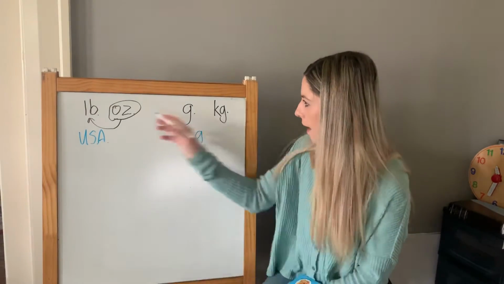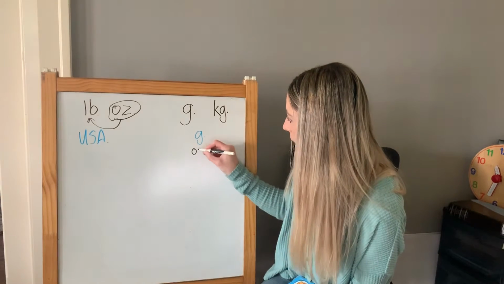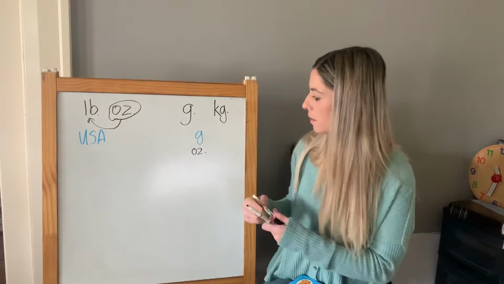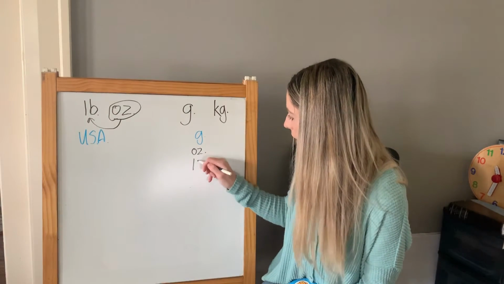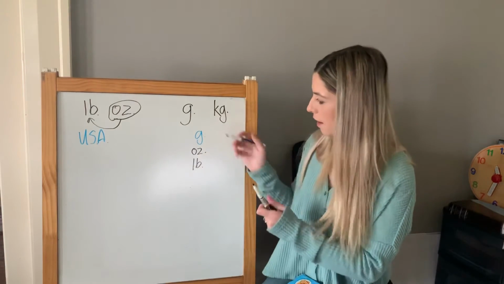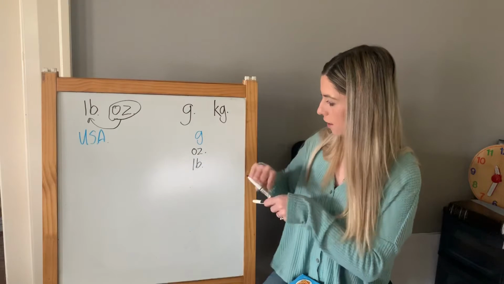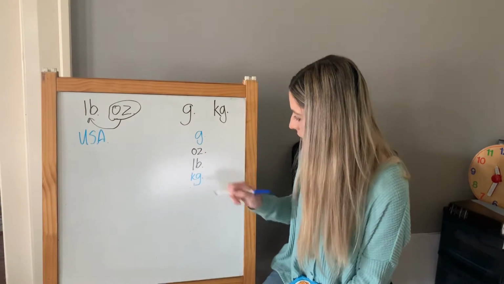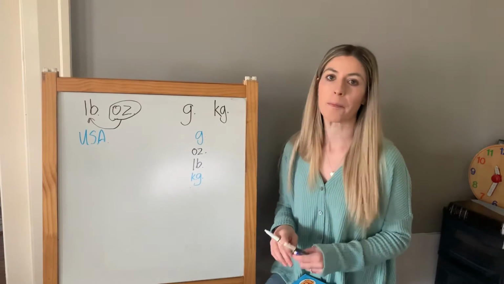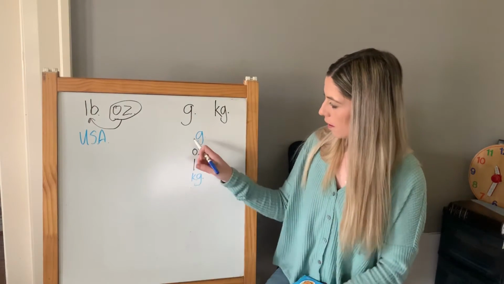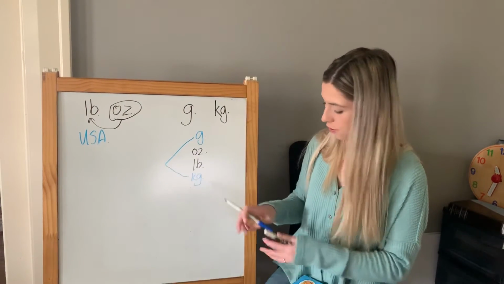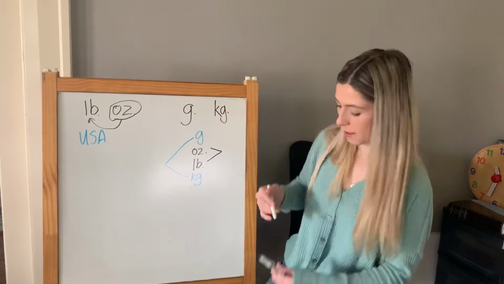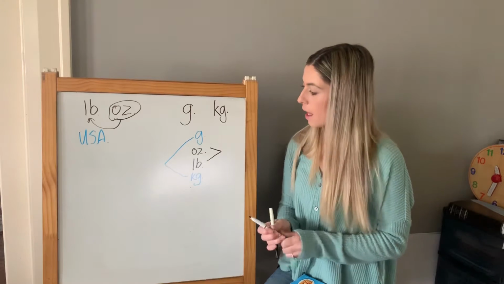Then we would have ounce, which would be the American amount. And then we would have pound next. Again, that's American. And then our last one would be kilogram, which would be other countries. I hope you can see that. I kind of wrote small. So these two most other countries use, and these two we use here in the United States of America.